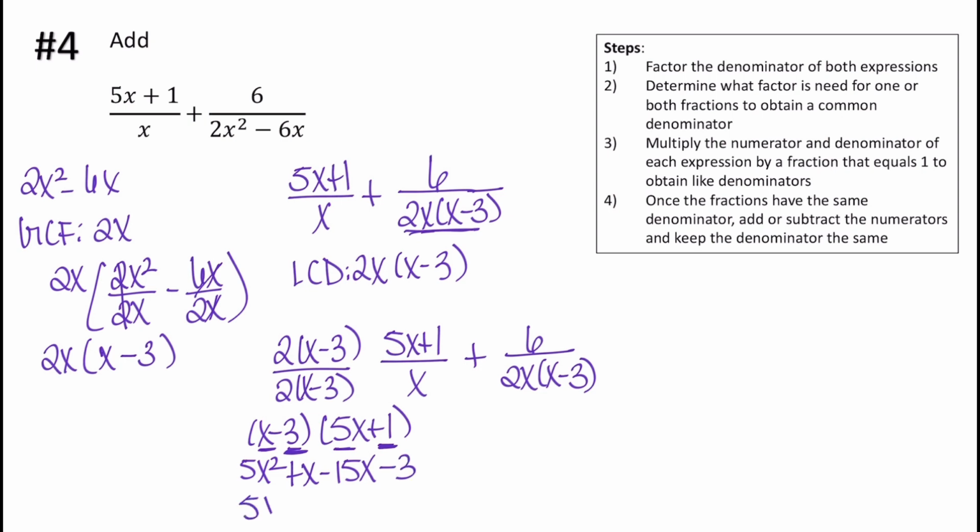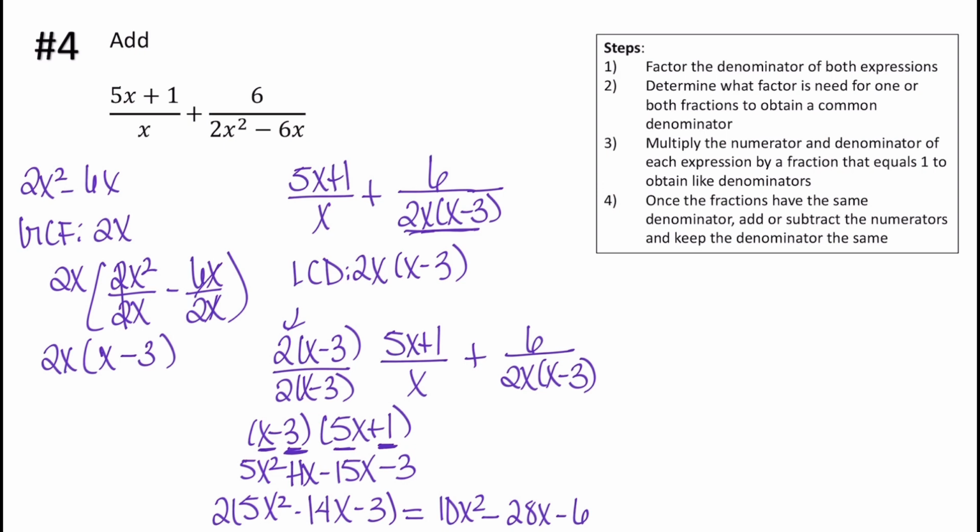So I have 5x squared, 1x minus 15x, so minus 14x, and then minus 3. Well, remember, I also have that factor of 2 in front, so I'm going to multiply that by 2. That's going to give me 10x squared minus 28x minus 6.